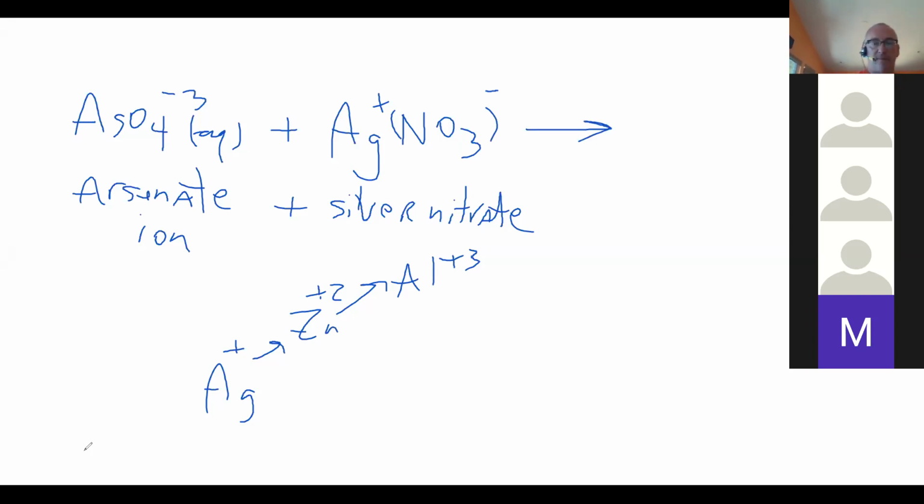Then the reaction's going to form, and a precipitate is going to appear. That's going to be the solid. The solid is going to be silver arsenate.